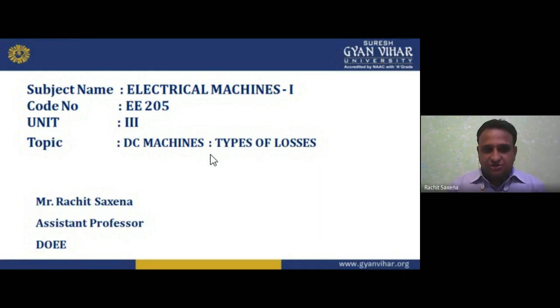armature slots, armature winding. Because if the armature doesn't have any winding, we can't generate, or by cutting the flux, induce any EMF in the armature winding. And if the EMF is induced in this armature, we can convert it into unidirectional, because we have bidirectional current.